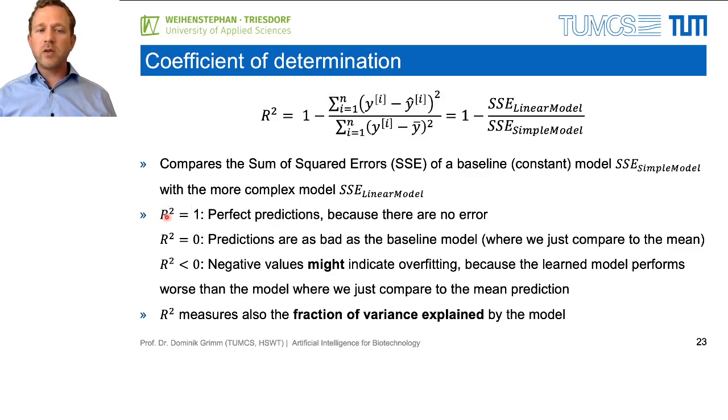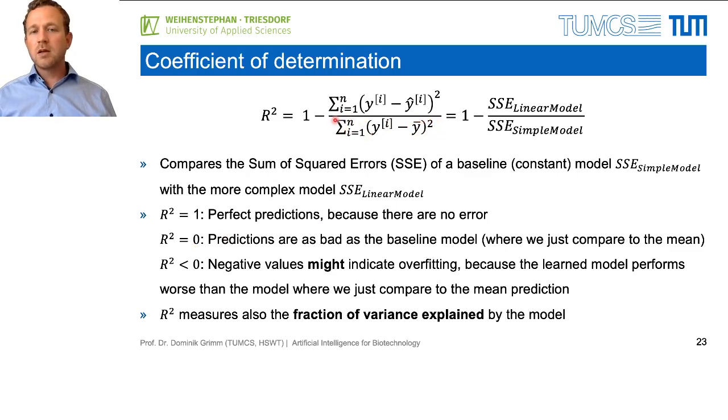If R squared is equal to 1, then we have a perfect prediction. We don't make any errors, we have a perfect regression model. If R squared is equal to 0, then we know that our predictions are as bad as the baseline model. What does it mean?